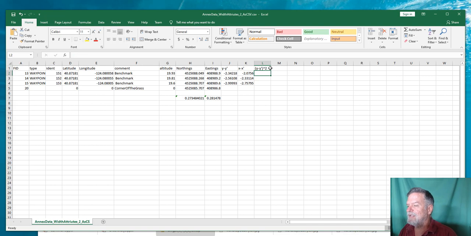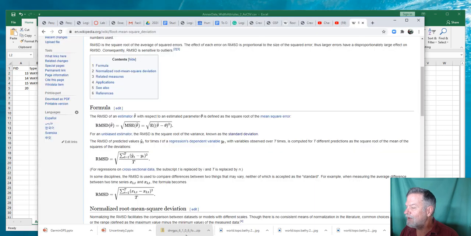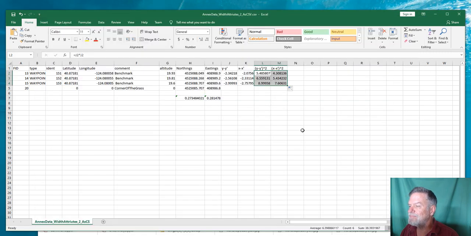Now I'm putting this in without an equals because this is just my notation to remember what I was doing. Okay, so good labels. And then here I'm going to go ahead and do this times this, return. So this cell value times itself. Drag down, and then I can drag over. So what I've done is computed the subtraction and then I've squared it. Now I need to sum them.